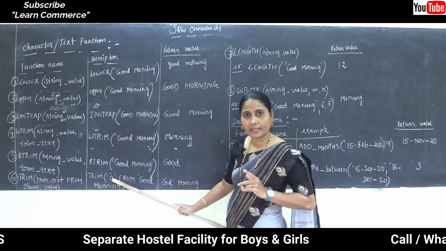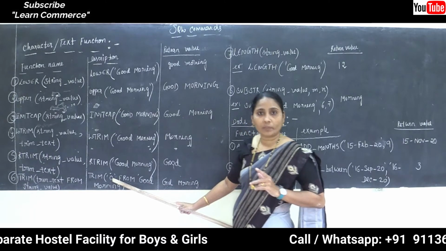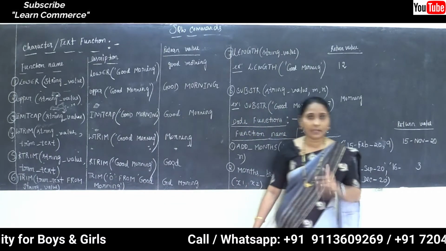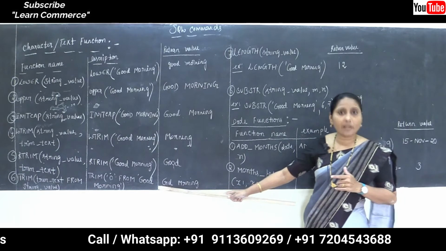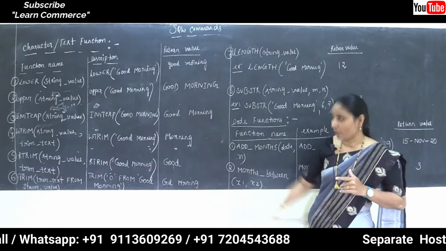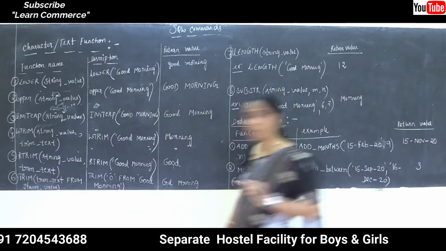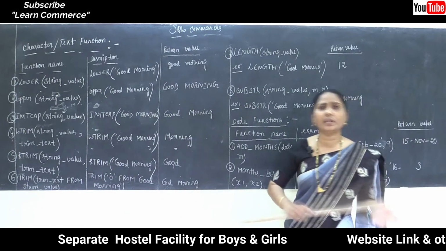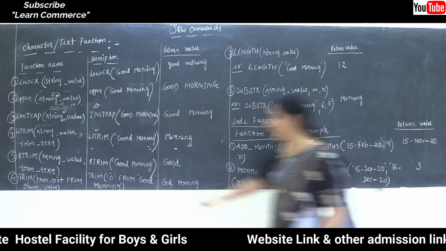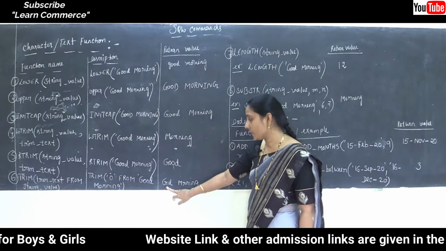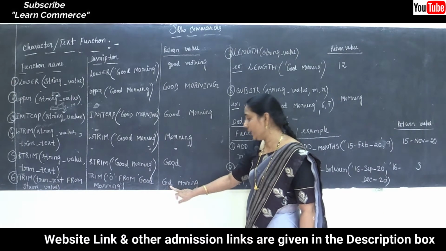The character is o. I want to remove however many o's are there in our string, from the left side as well as from the right side. So it is going to show the answer, the returning value, gdmrning.